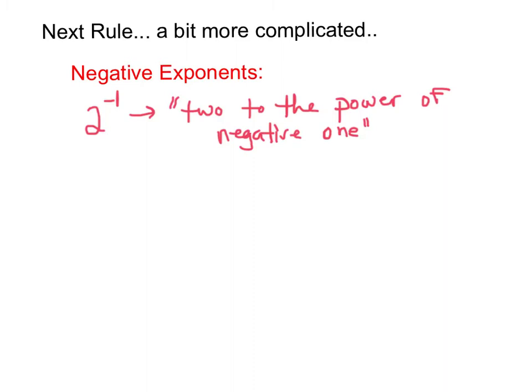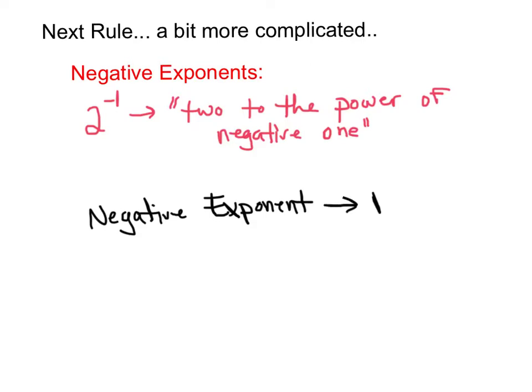I mean, you can read it that way, but we want to say 2 to the power of negative 1. And what I want you to think about, whenever you see a negative exponent, not just a negative, but a negative exponent, I want you to think about reciprocal.